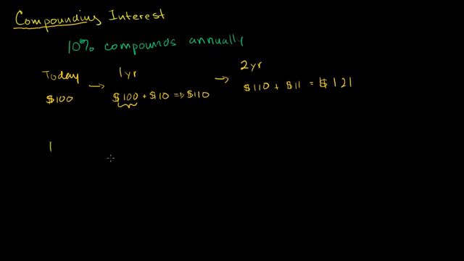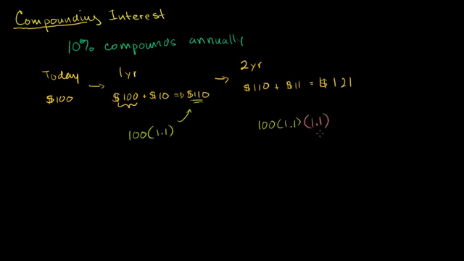To get to this number right here, we just multiplied: that number is 100 times 1 plus 10%, or 1.1. Now this number is going to be this 110 times 1.1 again. So it's the 100 times 1.1, which was this number, and now we're going to multiply that times 1.1 again.